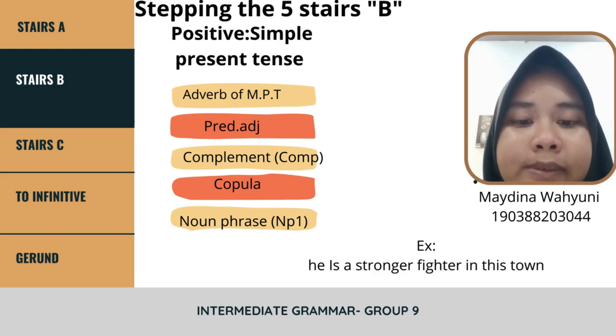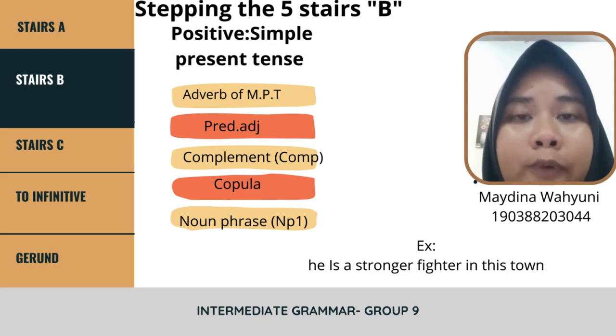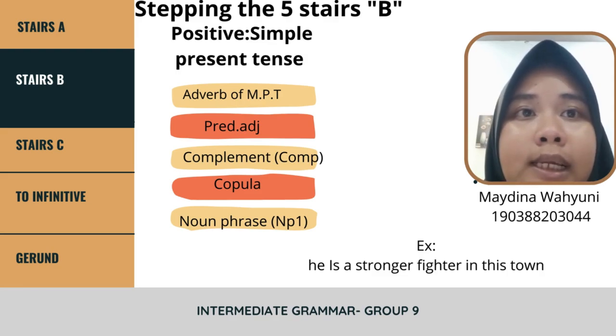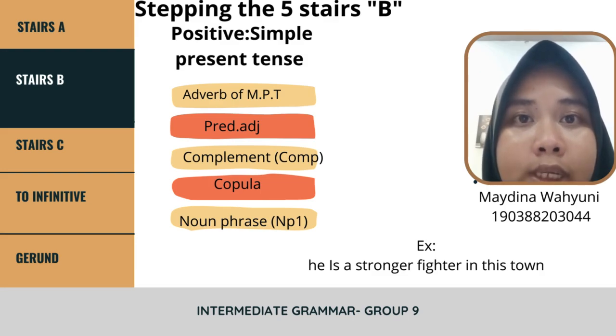For the example is, he is a stronger fighter in this town. He as a noun phrase or NP1, is as a copula, stronger fighter as a complement, in this town as an adverb of MPT.